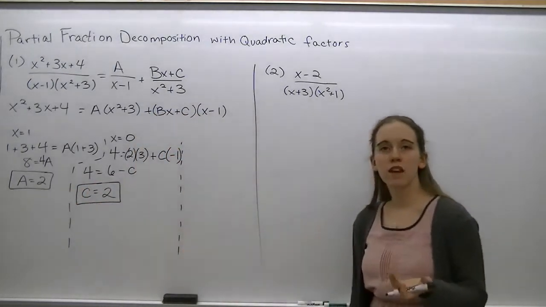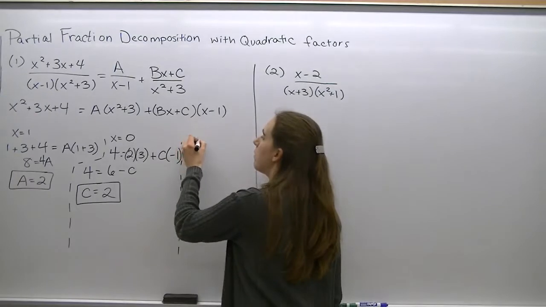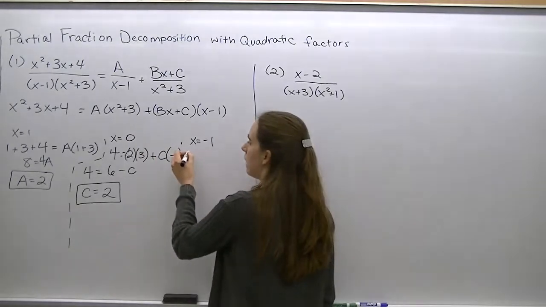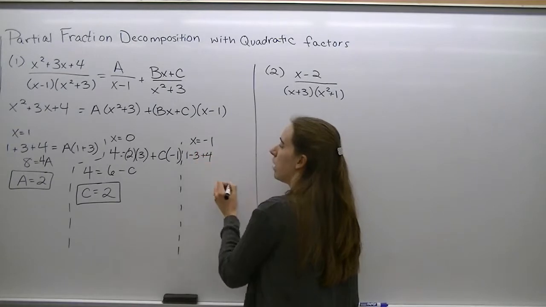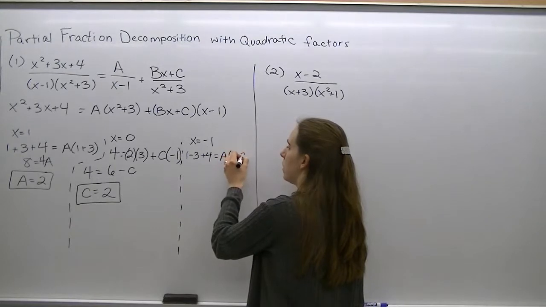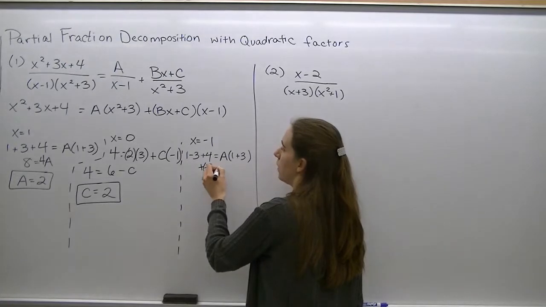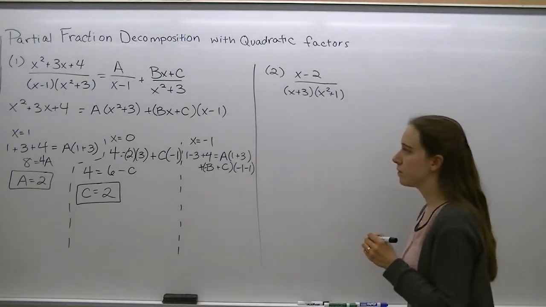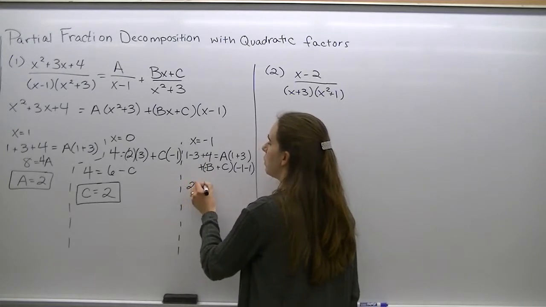So let's just pick another relatively easy value of x to work with. So let's say negative 1, since we've already used positive 1. So I get negative 1 squared plus 3 times negative 1 plus 4 equals a times negative 1 squared plus 3 plus b times negative 1 plus c times negative 1 minus 1. So 1 minus 3 plus 4 will give me 2.